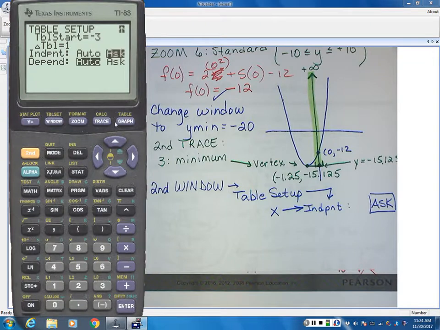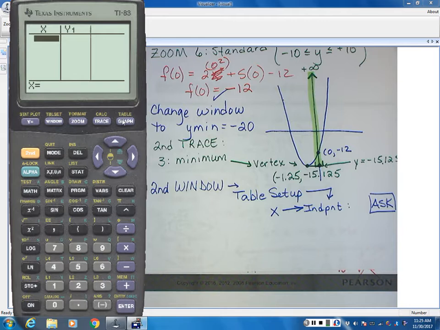And then we're going to go look at the table. Now, the last time we looked at the table, we started with some negative numbers and went to some positive numbers. And I just kind of arbitrarily picked negative 3. Oops, and I don't think it'll like that, because I used a minus sign, not a negative sign.